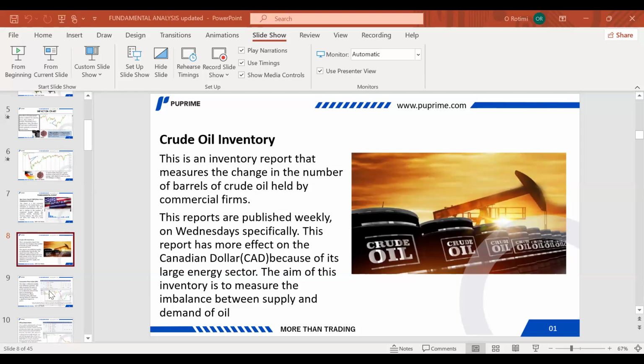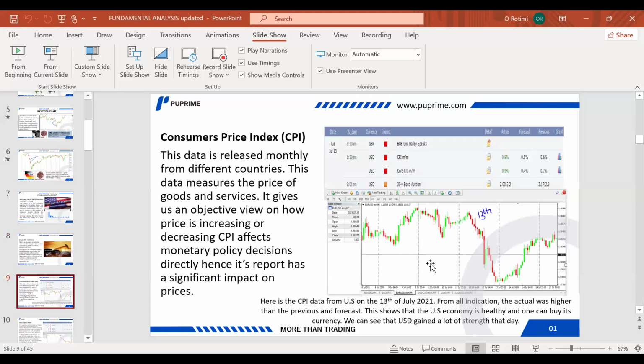The next one we look at is the Consumer Price Index, CPI. This data is released monthly from different countries. This data measures the price of goods and services. It gives us an objective view of whether prices are increasing or decreasing. CPI affects monetary policy decisions directly.